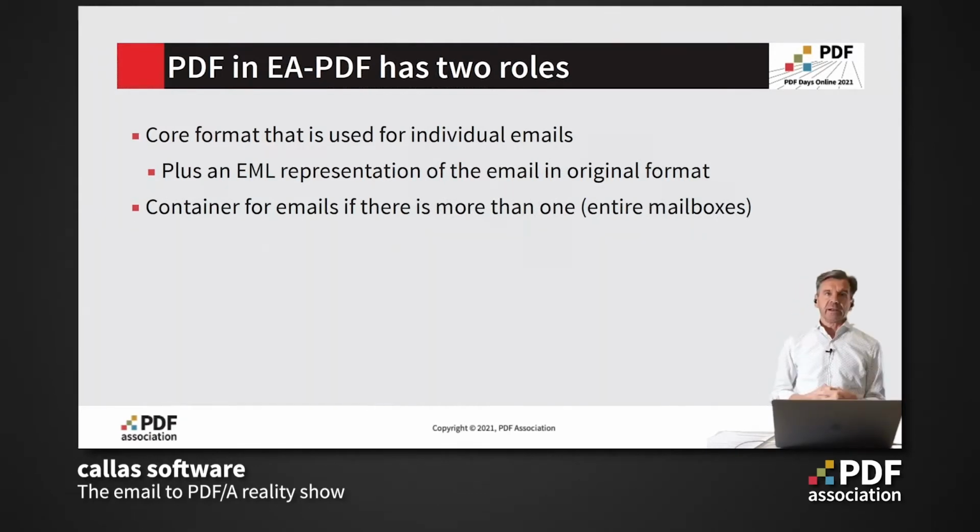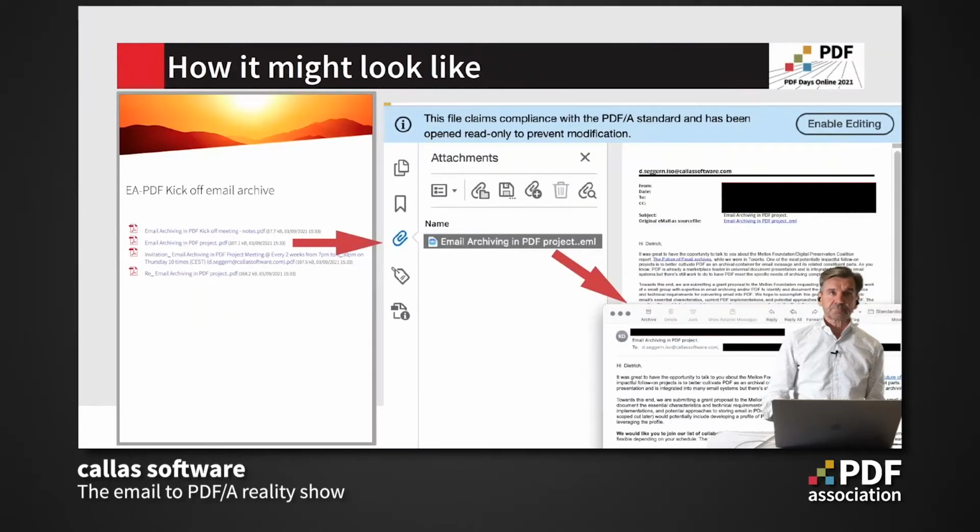And then, in addition, EA-PDF uses PDF as the container for individual emails, for instance, in order to archive a full mailbox or a mailbox folder. These are all slides from the presentation. I'm just using them again to briefly introduce you to EA-PDF. And this is an example of how that might look, and we will have a real world example in a couple of seconds in this presentation.